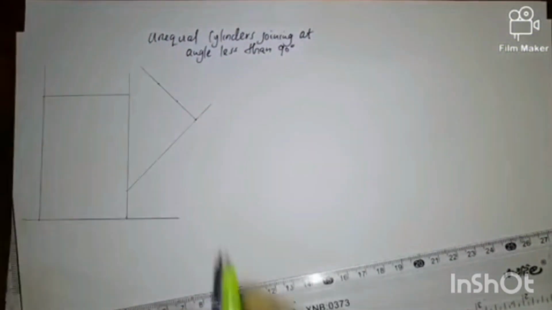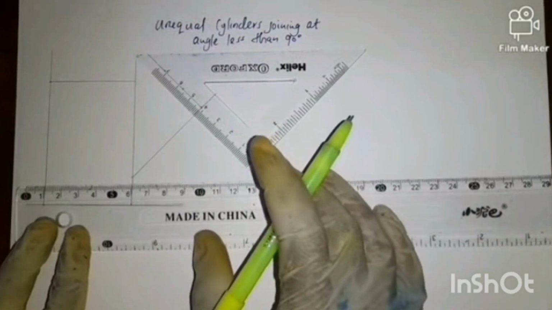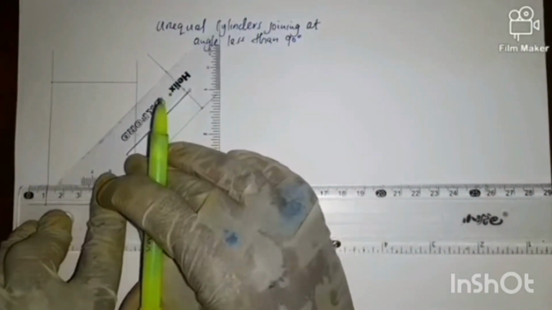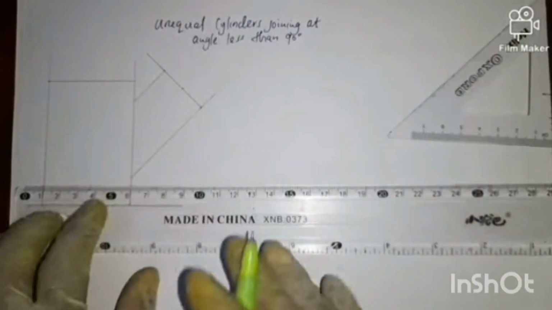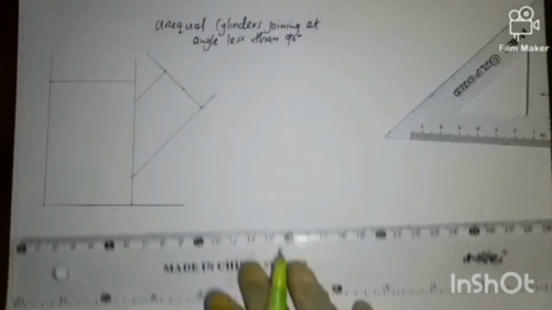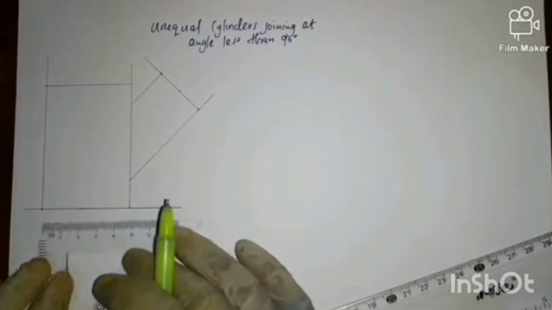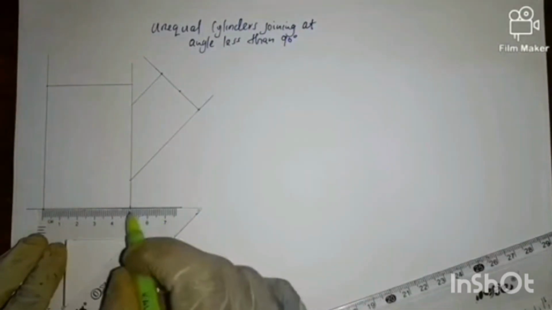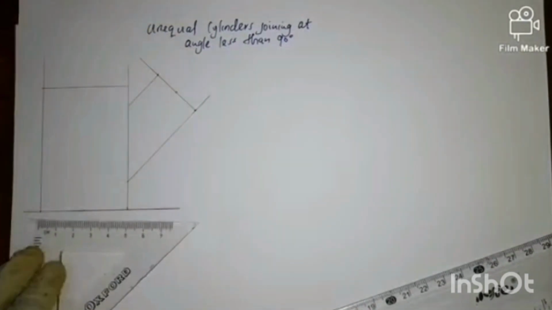Okay, this line is parallel to that, so we can still have this other one. So that's the intersecting cylinder. We can draw this other center line. Because it is 50 diameter, 25 gives us the center point.